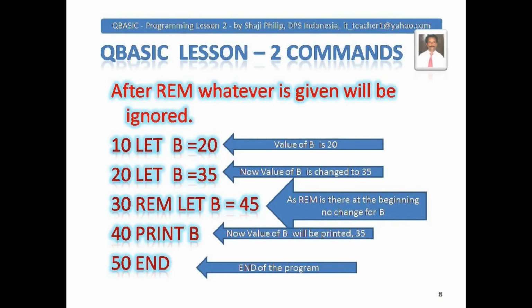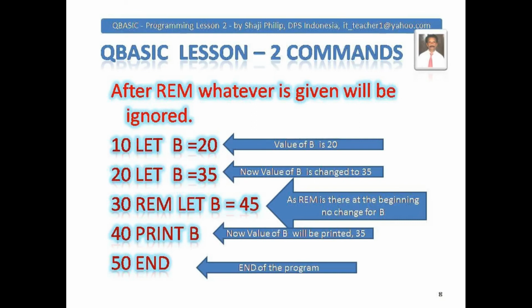So there is a rem at the beginning of this statement. This statement will not be executed. That means the value of b will remain 35 even at the position of the 40th statement, 40 print b. So now the value of b is 35 and 35 will be printed in this program.